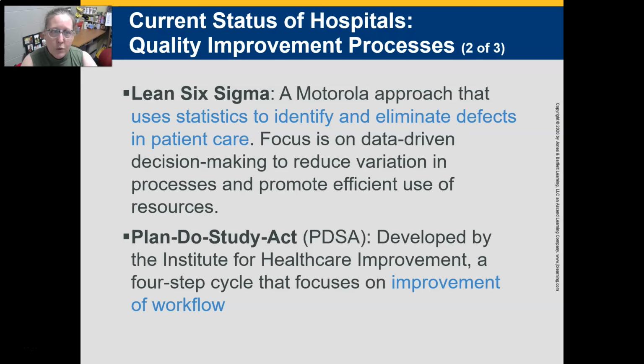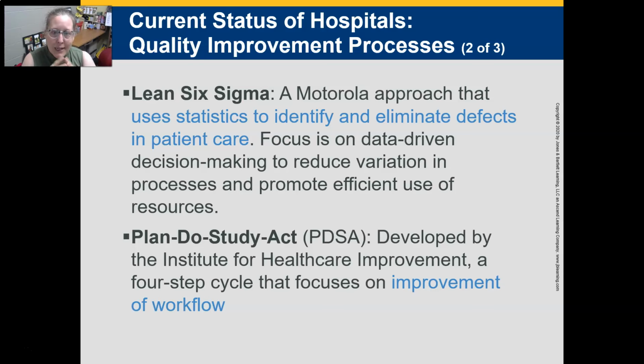And so let's continue looking at different things that can help with the quality improvement process. So one program is called Lean Six Sigma. It was initially a Motorola approach. It uses statistics to identify and then eliminate defects. So for them, it was in the assembly line. For the hospitals, we use the Lean Six Sigma to identify and eliminate defects in patient care.